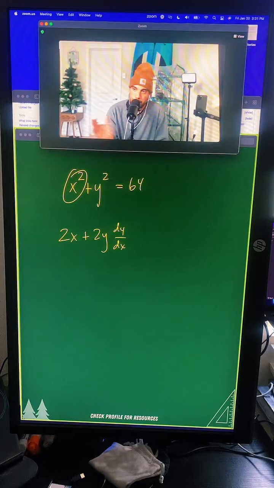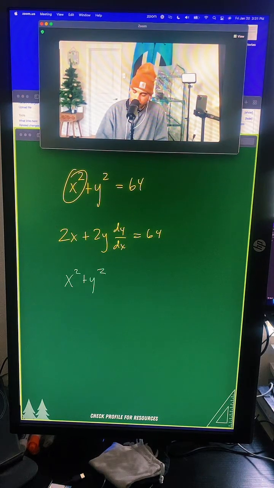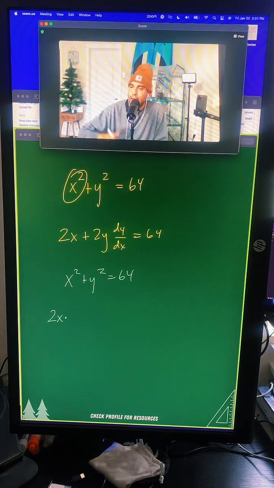So really, I think the best way to remember this is that every time you take the derivative of something that is not an x, you have to include that dy over dx. The reason being is because you're technically doing a chain rule every time you're taking the derivative. So for example, if we go back to that same problem, when you take the derivative of x squared, it's 2x times the derivative of x, which is 1.